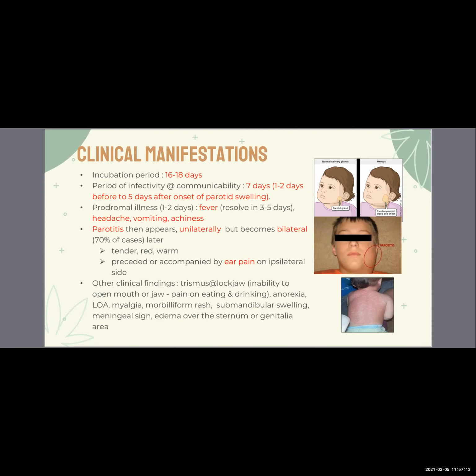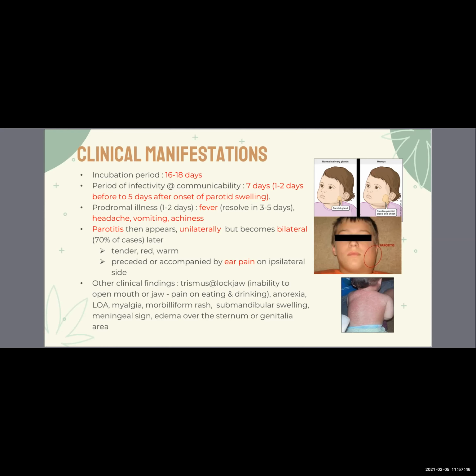Then parotitis will start to appear and may be unilateral, but becomes bilateral in 70% of cases. It is characterized as tender, red, and warm, and it is usually preceded or accompanied by ear pain on its lateral side. Other clinical findings include trismus or lockjaw, where the patient is unable to open the mouth or jaw, which can cause pain on eating and drinking, and anorexia and loss of appetite due to the trismus, and morbilliform rash, which is rarely seen.